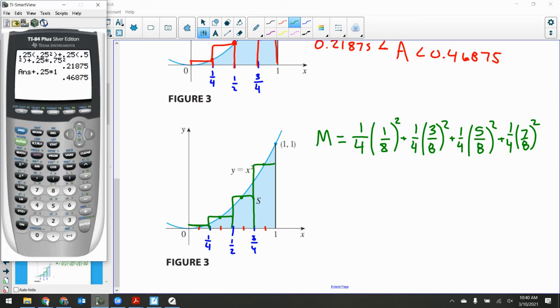Okay, now I'm going to have to use parentheses here because I don't know those decimals offhand. 0.25 times 1/8 squared plus 0.25 times 3/8 squared plus 0.25 times 5/8 squared plus 0.25 times 7/8 squared.